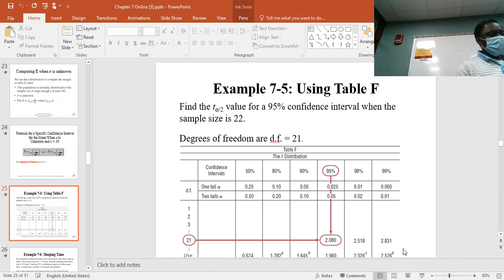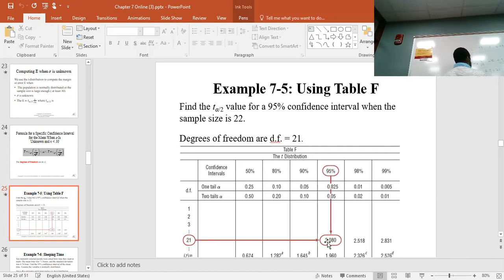So if you look at the t distribution table, you will see the confidence interval. The first row is the confidence interval. This is exactly what you will see on your table. So we will identify the confidence level here, and then move to the degree of freedom here to get t alpha over 2.